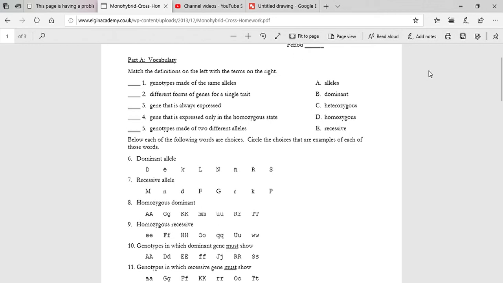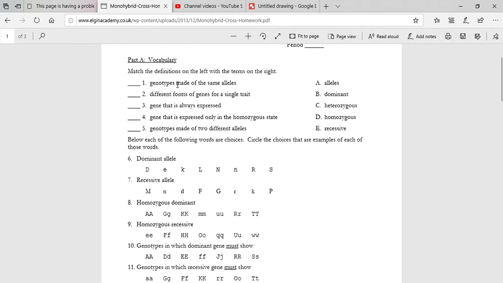Very quickly, let's do a quick learning check on the key definitions and concepts of the patterns of inheritance. So let's try matching the definitions on the left to the terminologies that I told you about in the last video.